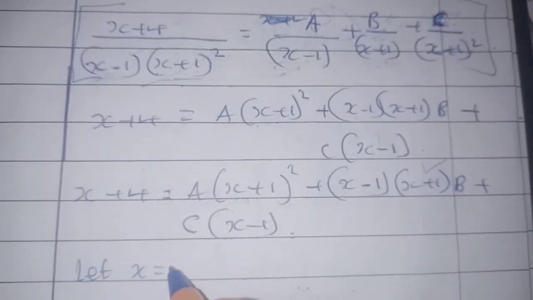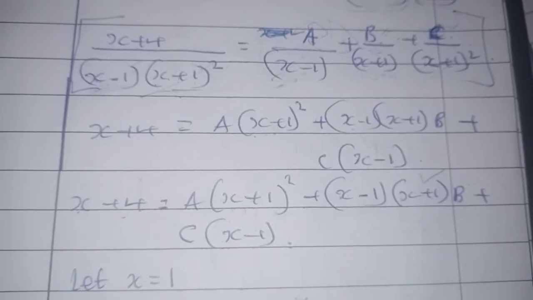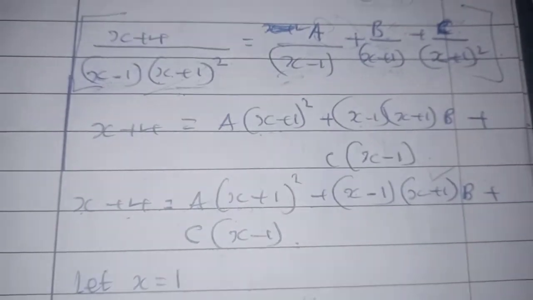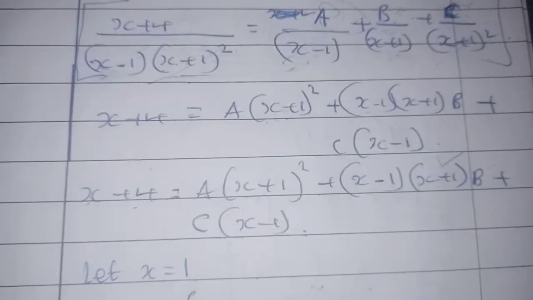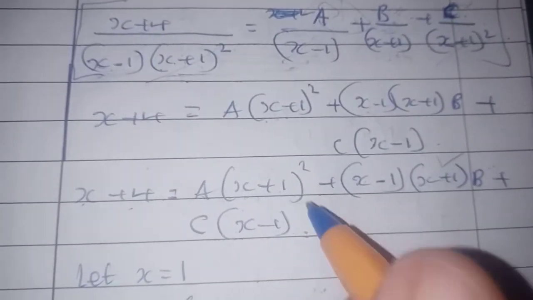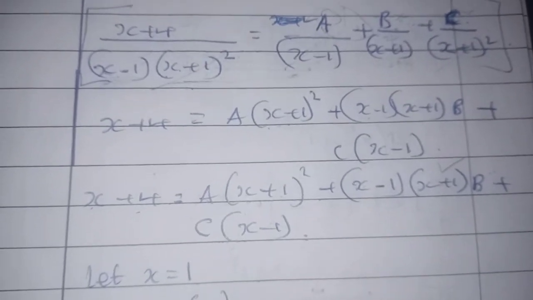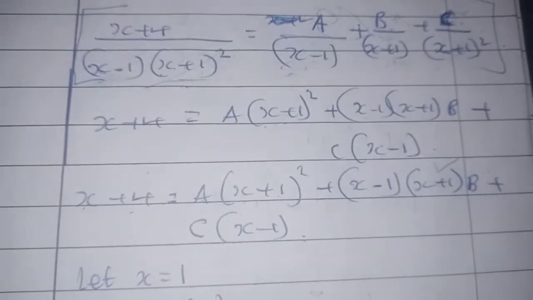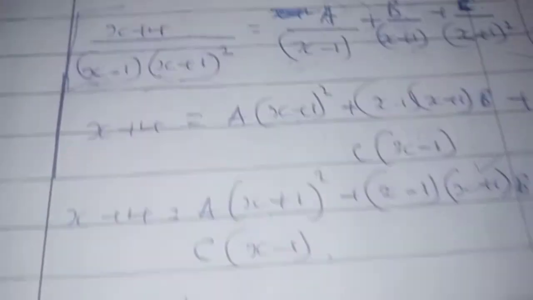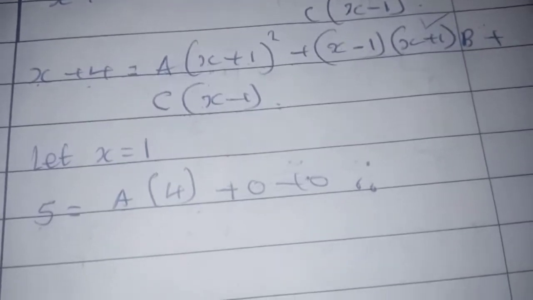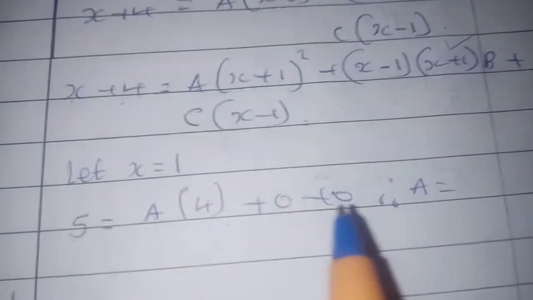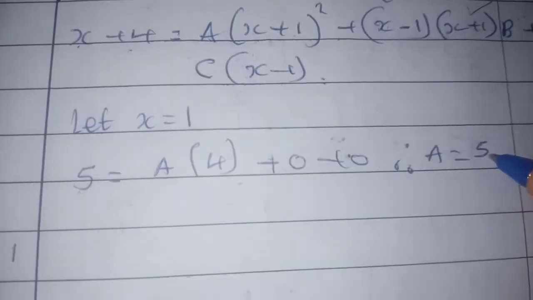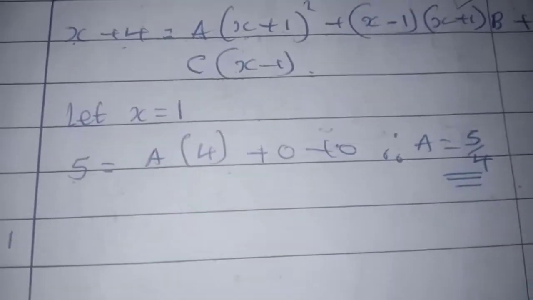Therefore, 1 plus 4 will be 5, equals a into 4, since 1 plus 1 is 2, and 2 squared is 4. Then plus 0, plus 0. So our a, we just divide by 4, our a will be 5 over 4. Our a is 5 over 4.